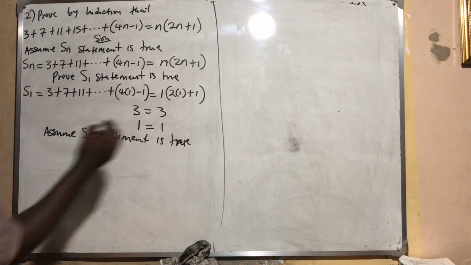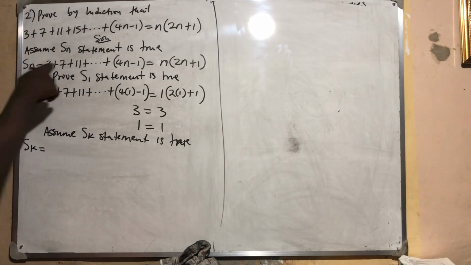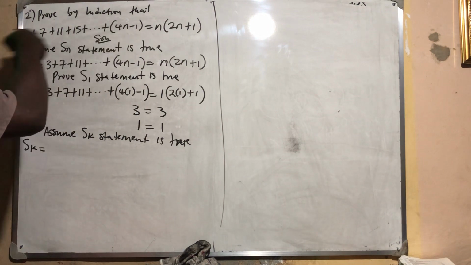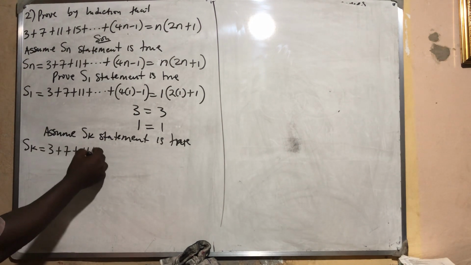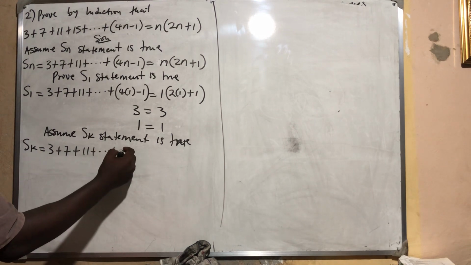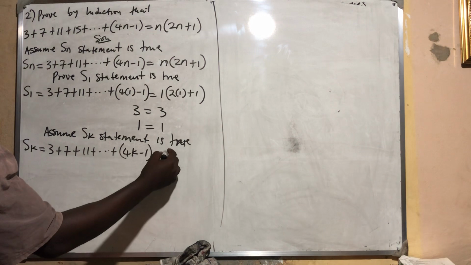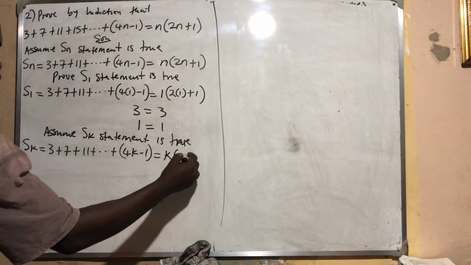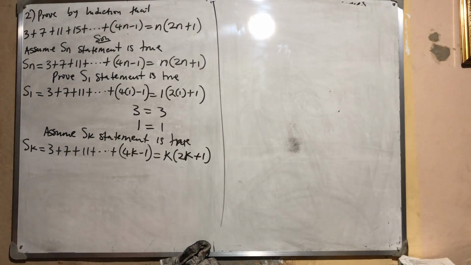To assume Sk statement is true, it means Sk in the same formula. Anywhere you see n again, put your k. So I have 3 plus 7 plus 11 plus dot dot dot plus 4k minus 1 is equal to k in bracket of 2k plus 1. All right, this one is done.